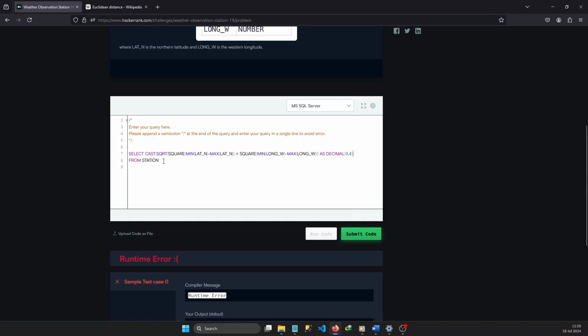Okay. So what's the difference between SQRT and SQUARE? SQRT is the function to take the square root of the whole sum. SQUARE is a variable name.